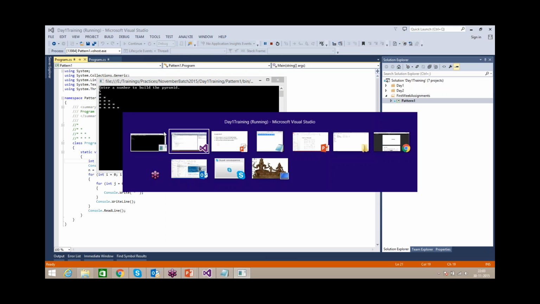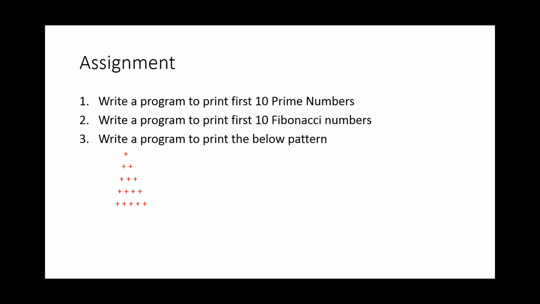But the pyramid I have given here, the top one starts in the center, and it is just like a triangle, so it is spreading two ways. You got it right? So these three programs you guys have to work on, and tomorrow you have to explain to me.